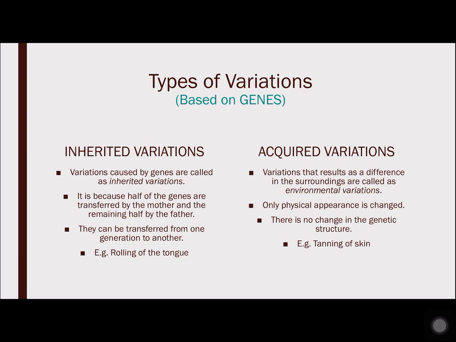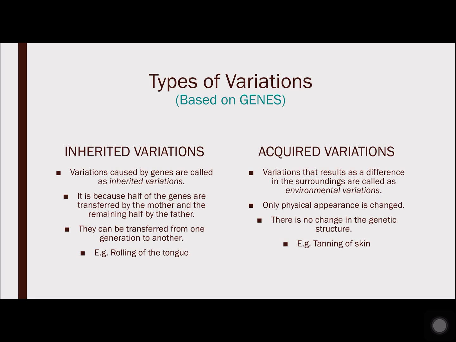Variations caused by genes are called inherited variations. It is because half of the genes are transferred by the mother and the remaining half by the father. They can be transferred from one generation to another. Example, rolling of the tongue, and some things like your eye color matches, right?